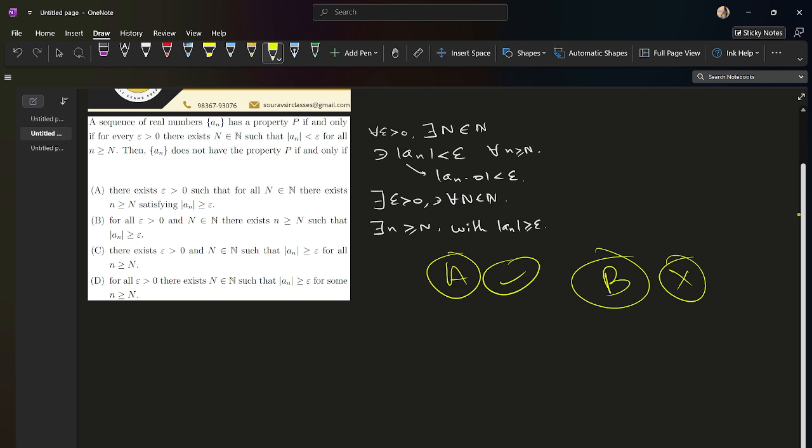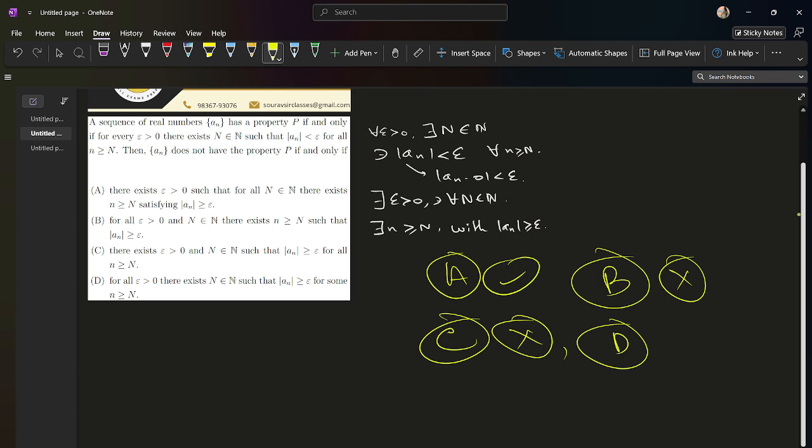Option C says for all epsilon greater than 0 and N belonging to the natural numbers, mod of a_n is greater than or equal to epsilon for all n greater than or equal to N. This is also too strong. It suggests that eventually all terms are bounded away from 0, which is stricter than just failing to tend to 0. So option C is also not appropriate.